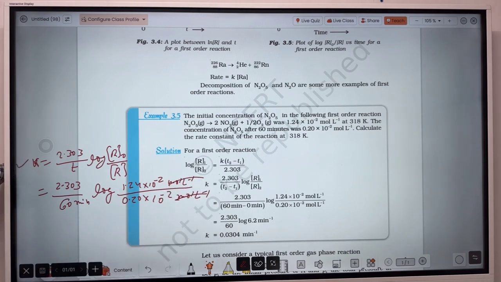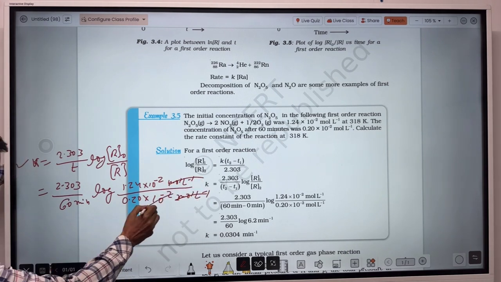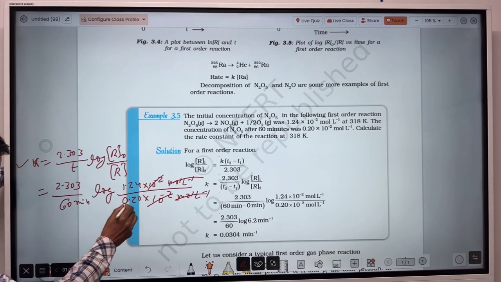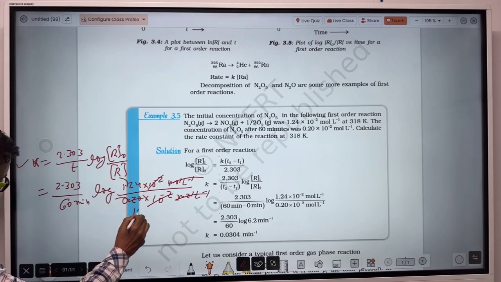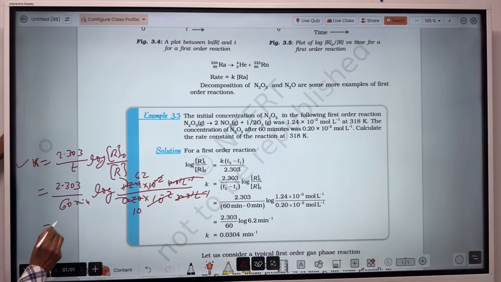So the units and the power of 10 cancel out. So log 6.2, that is equal to 2.303 upon 60 minute inverse, and log 6.2.